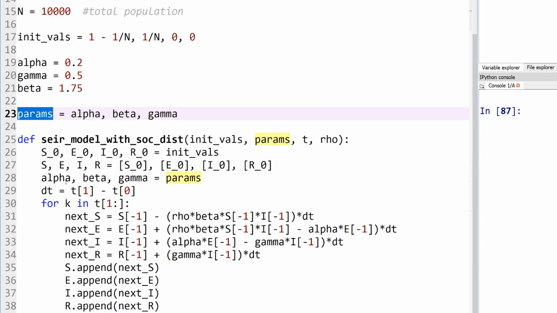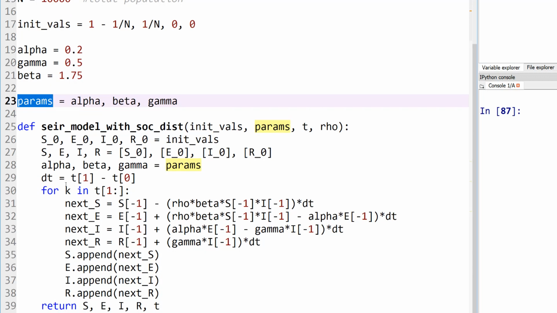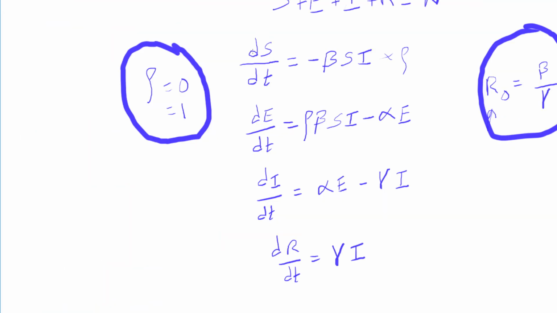All I'm doing is unwrapping it in here, and then my change in time is nothing but time now minus time before. That's what this line is, and then I put this in a for loop. These are basically our equations. Next s is our delta s, or ds. ds is minus beta s i over N, or rho, times dt.